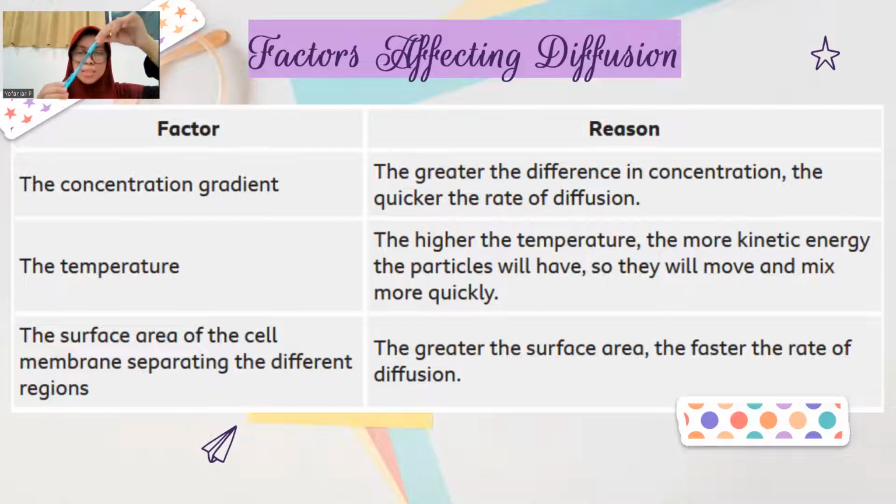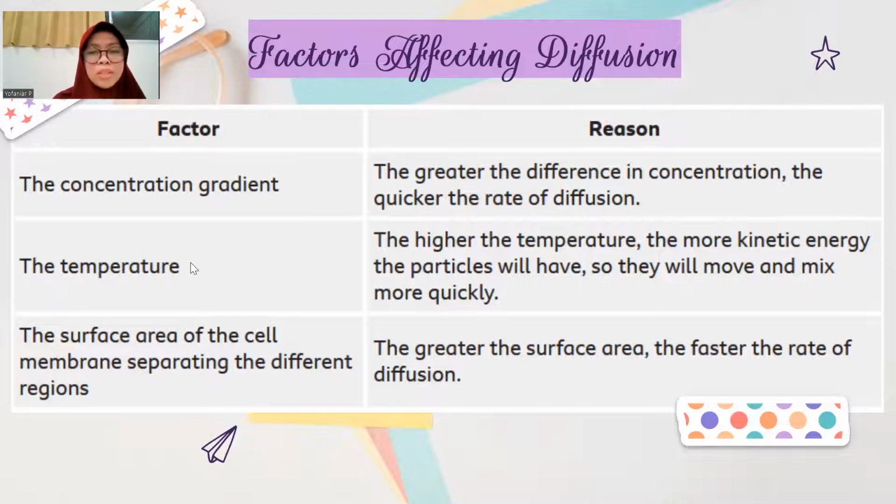Nah, of course, the movement from this side to this side will be faster than if I have like this, from this to this. Selisih tingginya itu loh, ya. Okay, so berbanding lurus. Kalau concentration gradientnya greater, ya berarti rate of diffusionnya juga quicker.